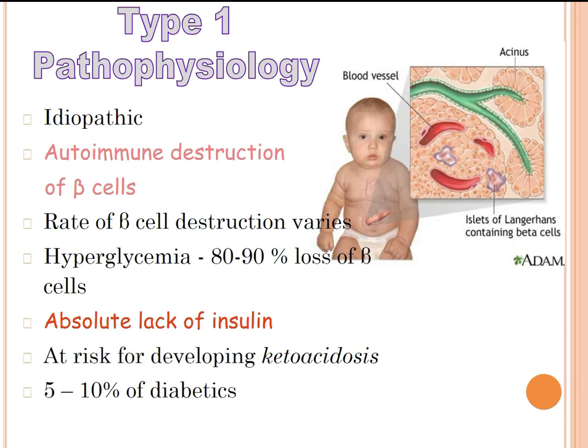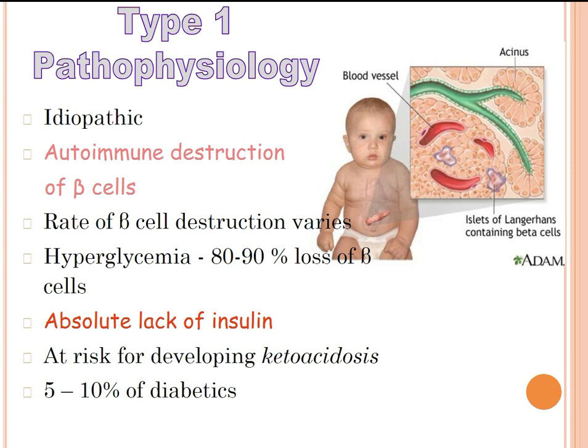So we use type 1 to refer to people with diabetes mellitus because of an autoimmune destruction of the pancreatic islet cells. So the cells that create insulin are destroyed, and no endogenous insulin is being produced by the body. Endogenous, so that's something that is created by the body.